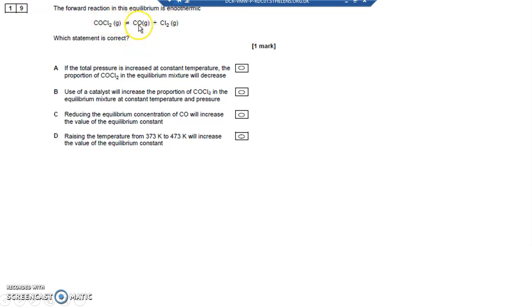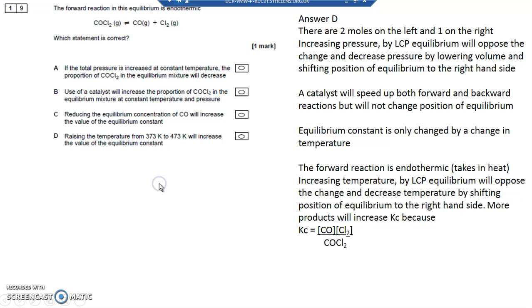The equilibrium constant is the concentration of the products divided by the concentration of the reactants. If I'm getting more products, yes, the equilibrium constant is increasing. Yes, the answer is D.